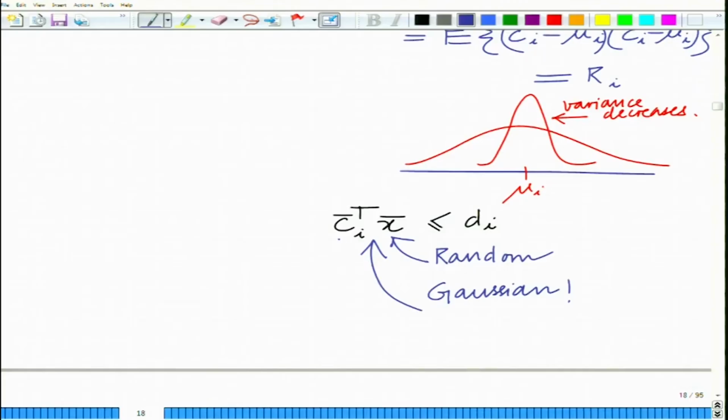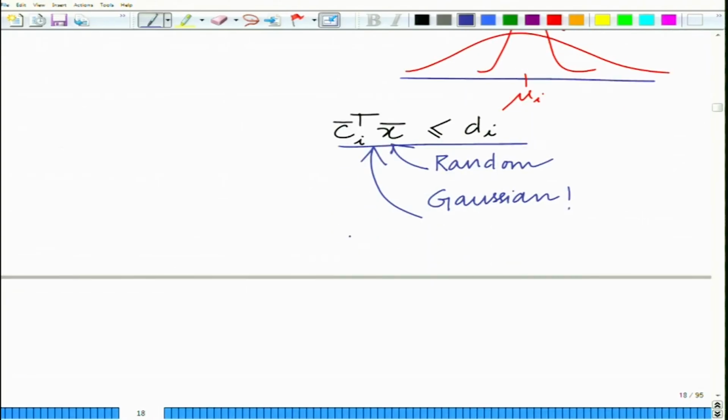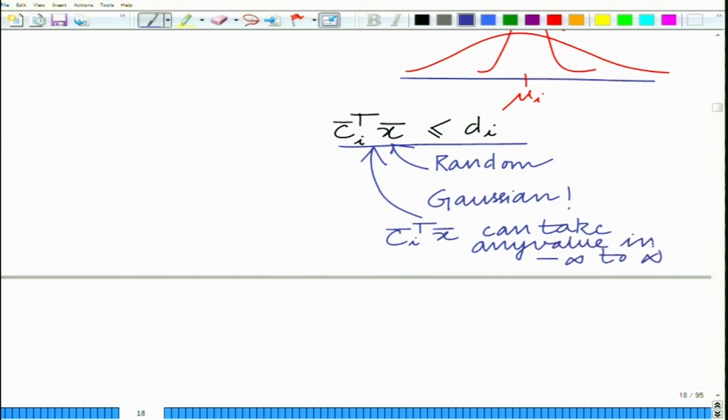And what you can see more interestingly, since C bar I transpose x bar is a Gaussian random variable, it can take any value from minus infinity to infinity.